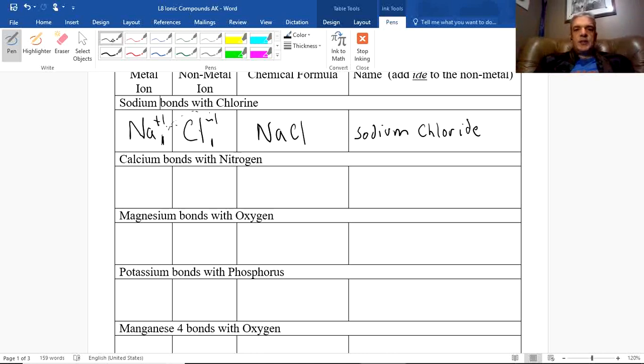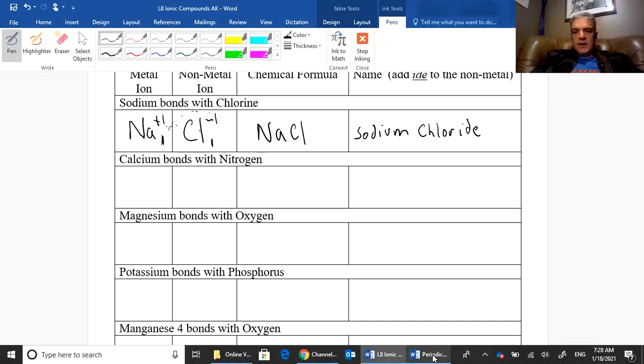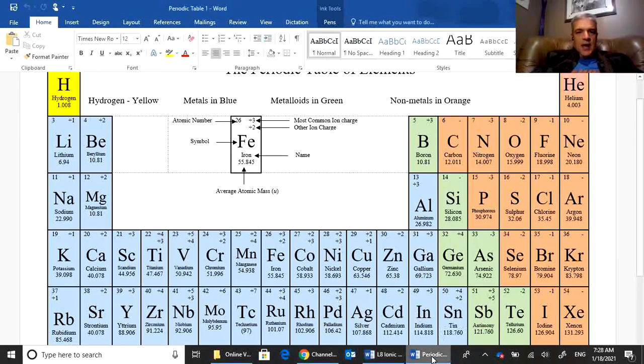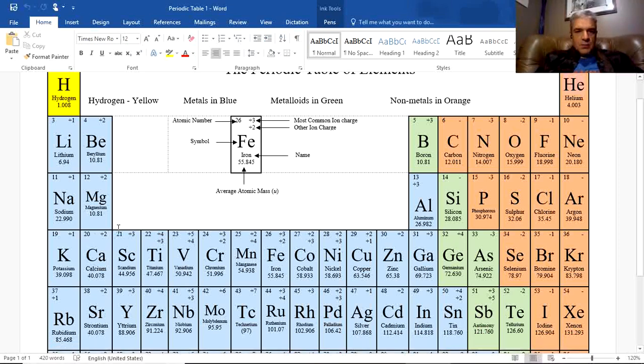All right, so now we're going to move on and do calcium and nitrogen. So we need to do some additional, more interesting ones just to give ourselves some experience to see different ways that these metals and non-metals combine. So calcium over here is +2. And nitrogen way over here is -3.